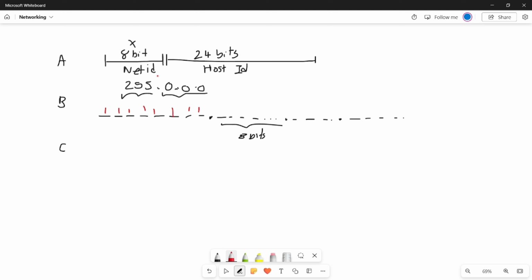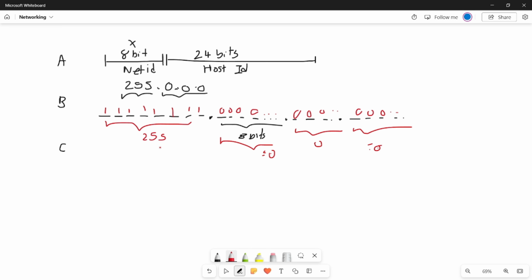The other 24 bits we can use, so we can mark all of these as zeros. After converting this binary pattern into decimal format, we derive the value that I wrote previously, 255.0.0.0. This is the way that we can derive the subnet mask of a particular IP address.